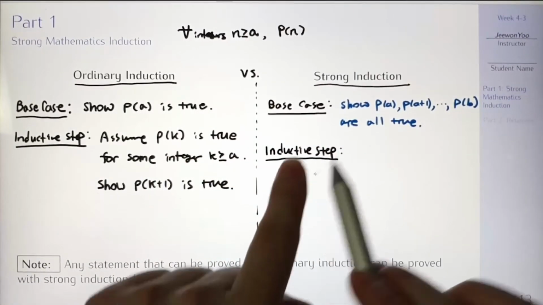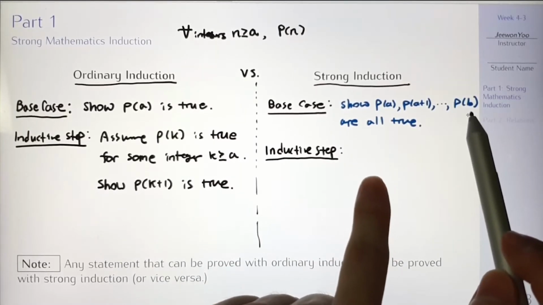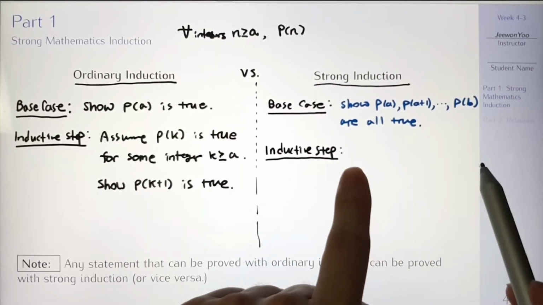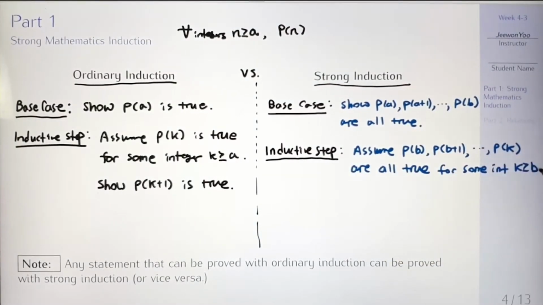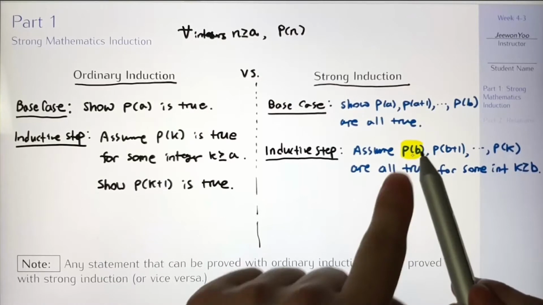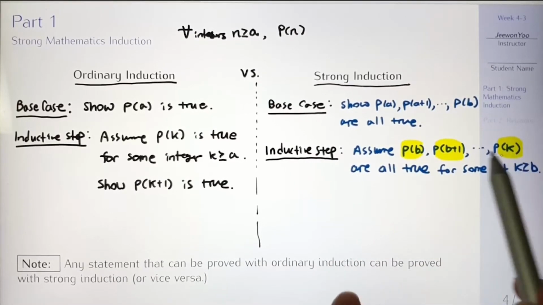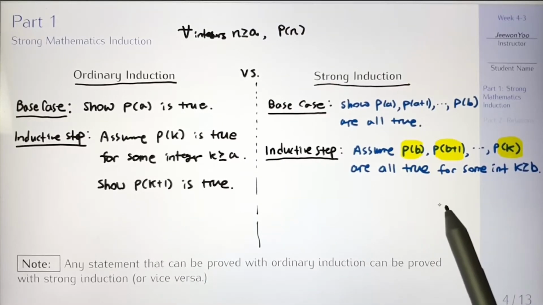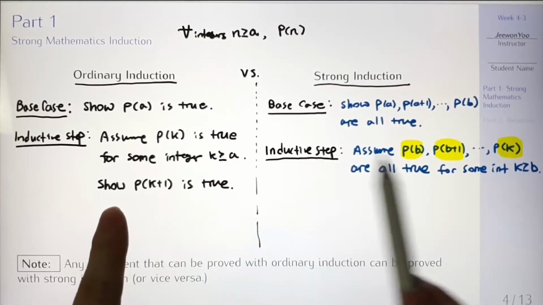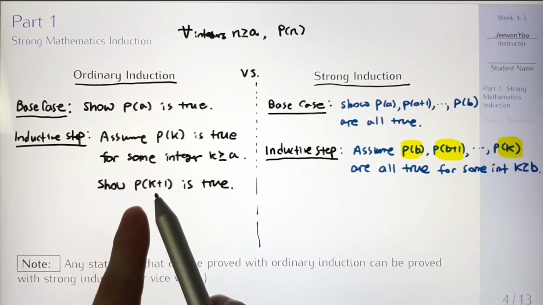The inductive step for strong induction: we need to assume all statements starting from P of b up to P of k. So, assume P of b and P of b plus 1 up to P of k all are true for some integer k greater than or equal to b. Same thing as before. Using this power and momentum, show P of k plus 1 is also true.